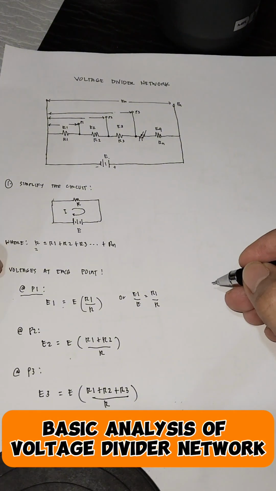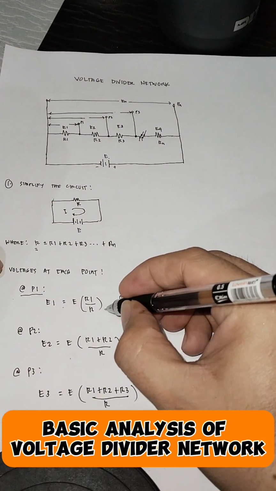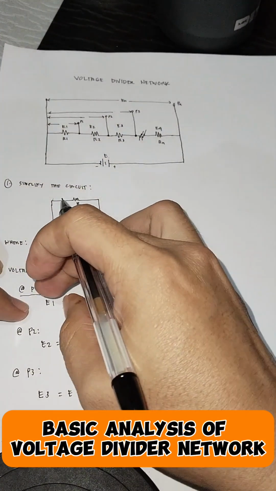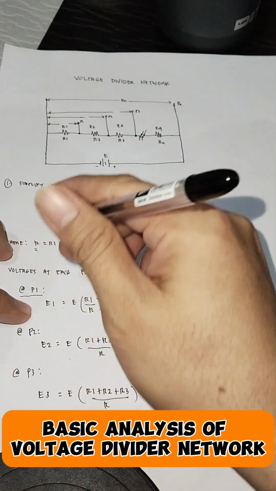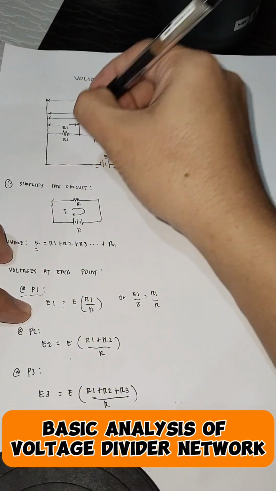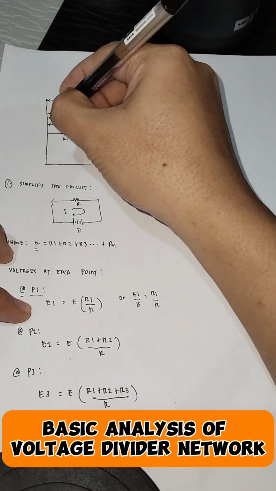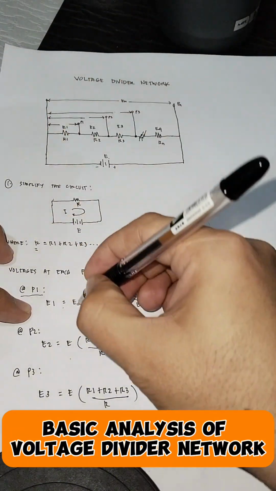So this is the voltage calculation for point 1. If we take measurement here, this is the formula.